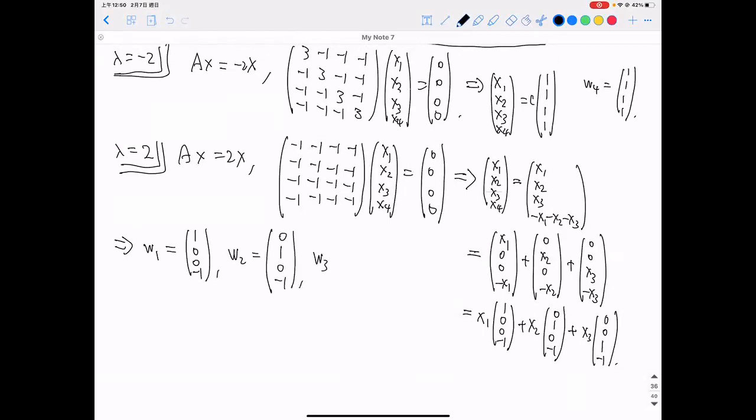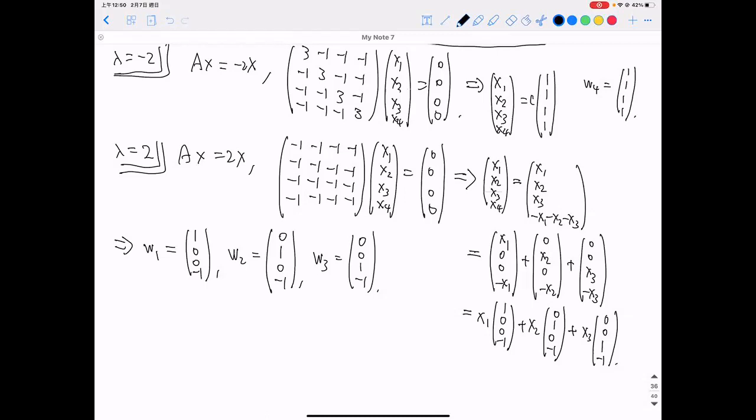W3, 0, 0, 1, minus 1. So these are certainly eigenvectors with eigenvalue 2, and you can check immediately that they're linearly independent.